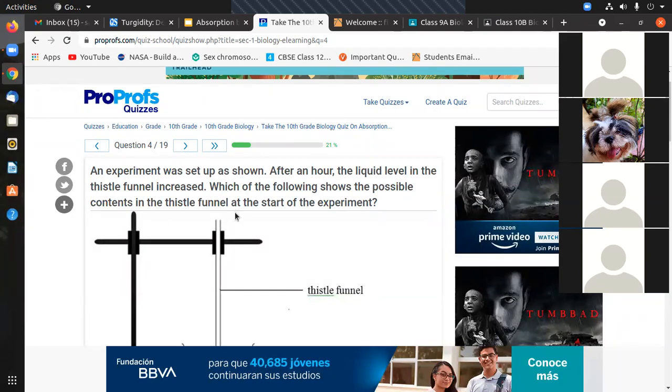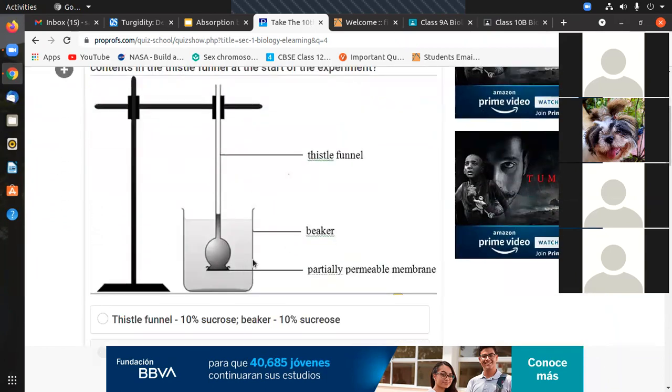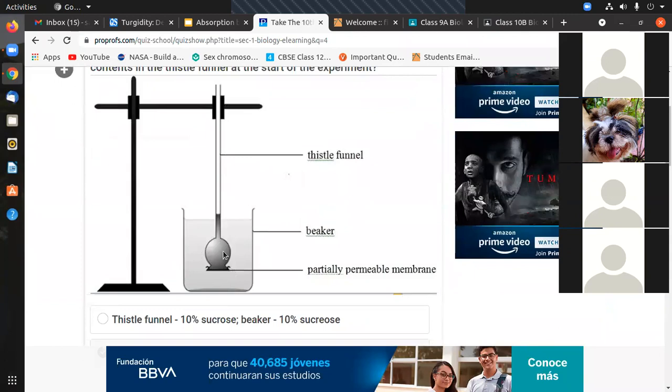So an experiment was set up as shown, right? So this is the experimental setup that is being shown here. After an hour, the liquid level inside the thistle funnel increased. Now this is kind of a thistle funnel. It is obviously named after some gentleman.